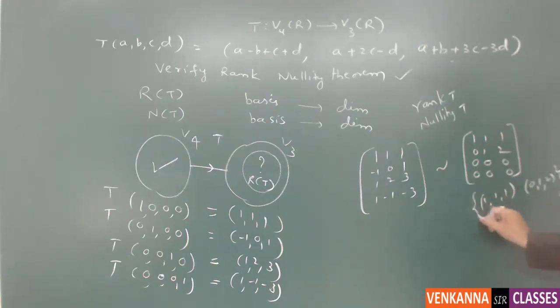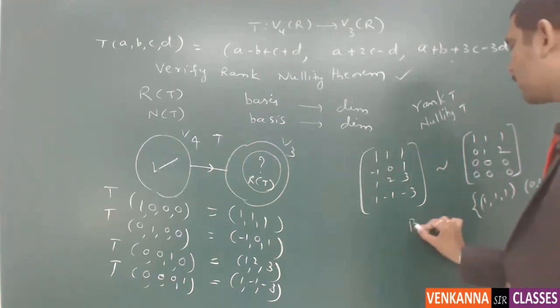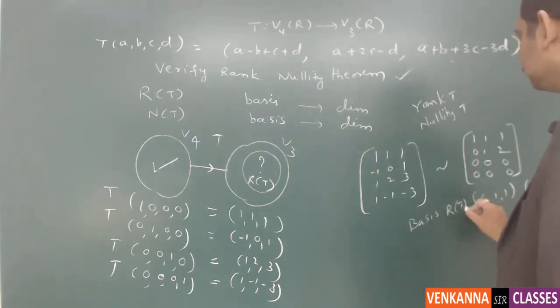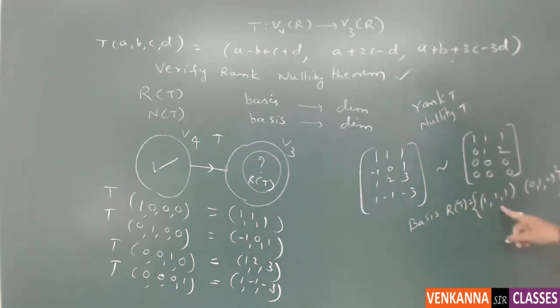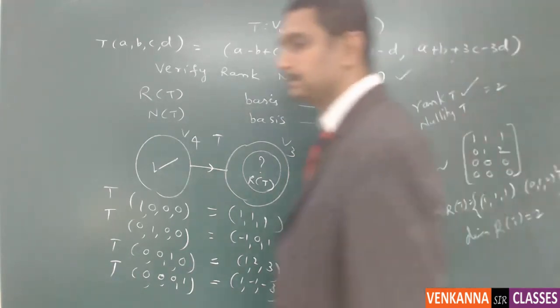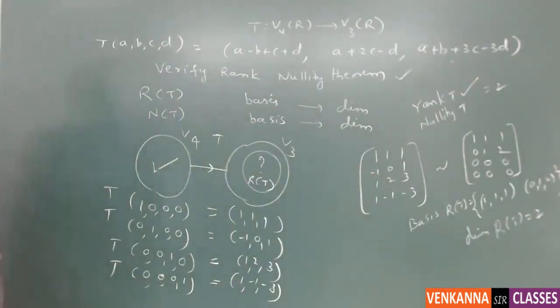So from this we say that this is the basis for R of T. Since it contains two vectors, dimension of R of T is nothing but 2. Hence, rank T is nothing but 2. Okay? Please take a note of it.